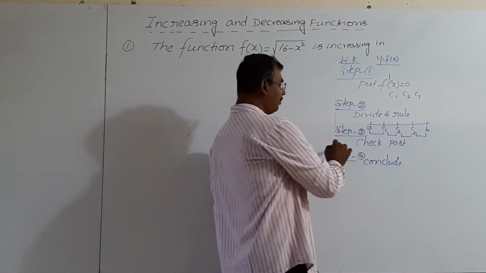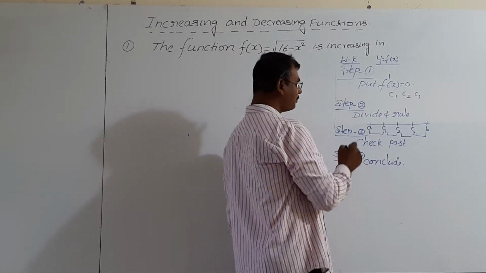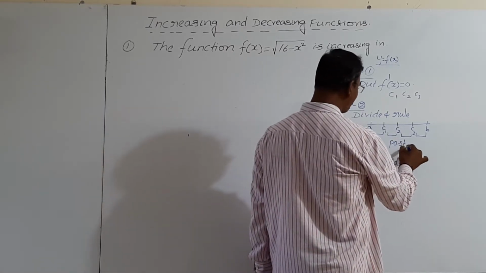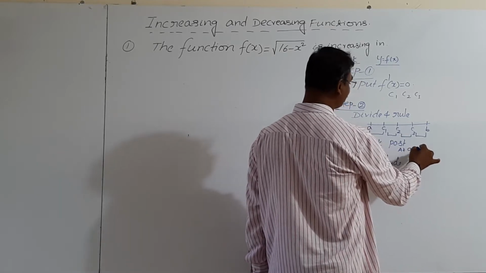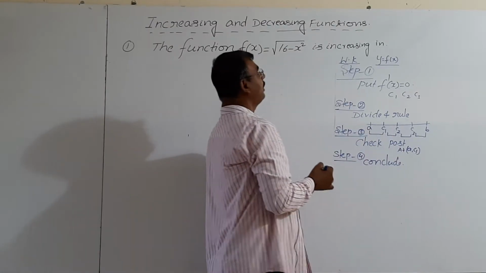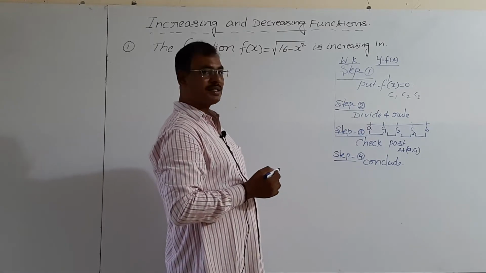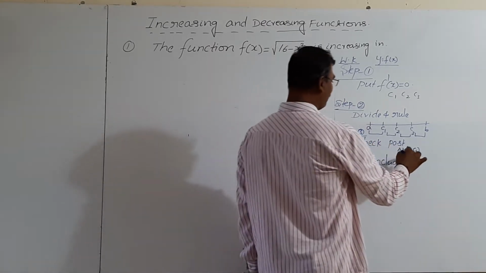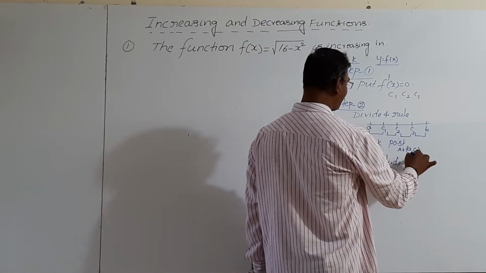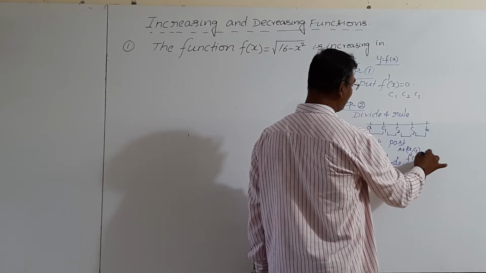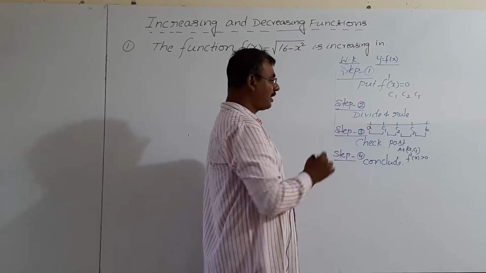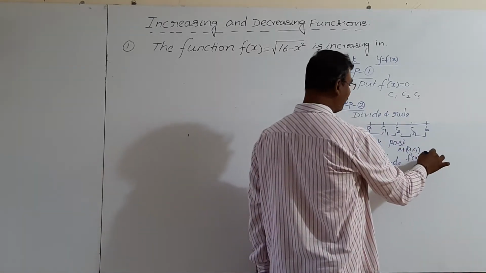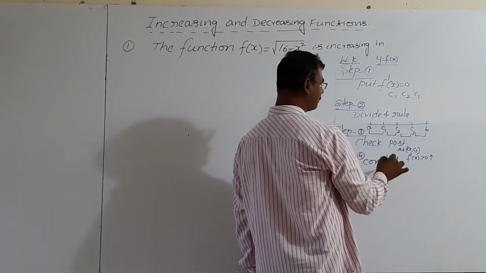Next, what is the meaning of check post? We have to check at a comma c1. At a comma c1, f dash of x is greater than 0. If f dash of x is greater than 0, then the function is increasing.